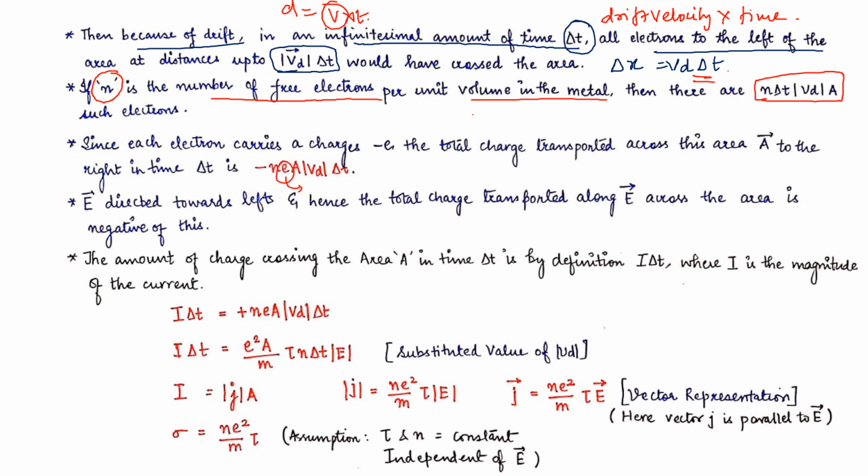Now we are talking about the total charge transported. Hence we multiplied this equation with e. This equation is charge, number of electrons into volume.